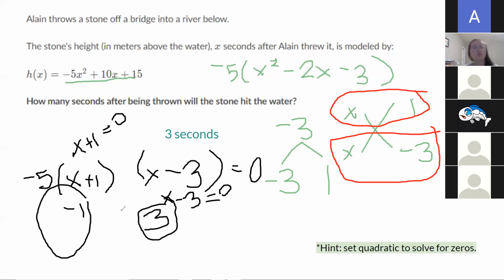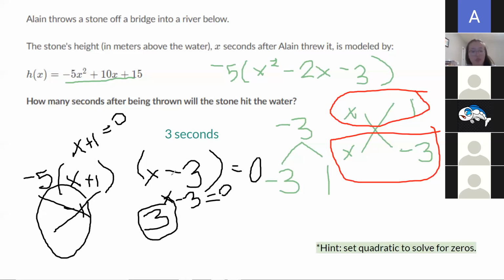But now let's read what the question is actually asking for. How many seconds after being thrown will the stone hit the water? So can the number of seconds be negative? No. Yeah, you're right. So obviously we have to rule out negative 1, because even though it works in this quadratic, it doesn't match the real-life situation, because time can't be negative.